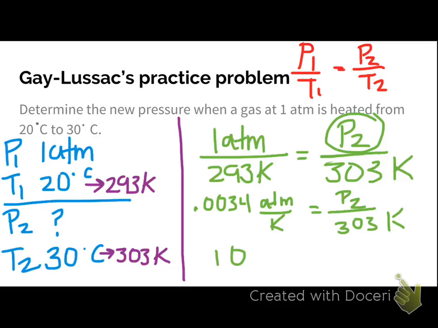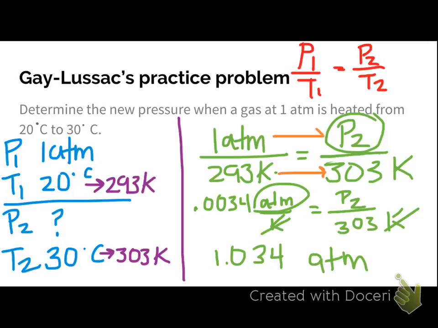I'm left with 1.034. My units of K cancel, which leaves me with atm. Now let's check this. Does this make sense? My temperature did what? It increased, which means that my pressure should also increase. Started at 1 atm, ended at 1.034. So it did go up.